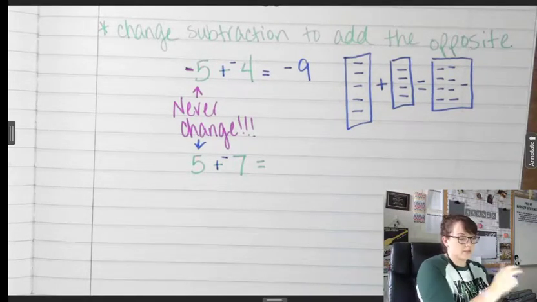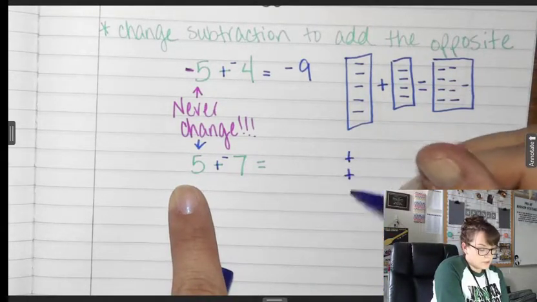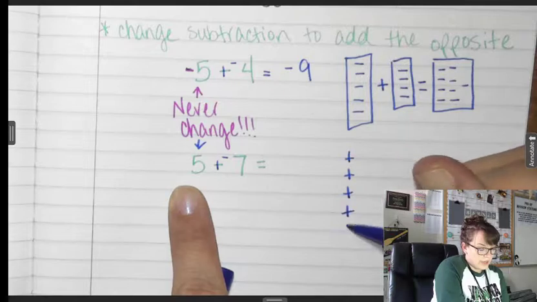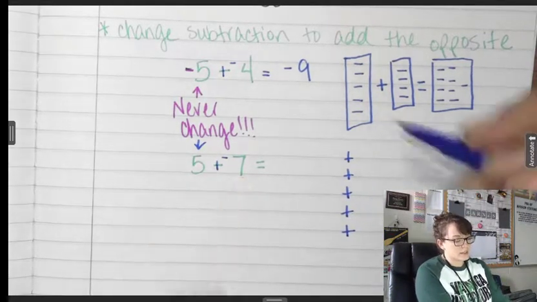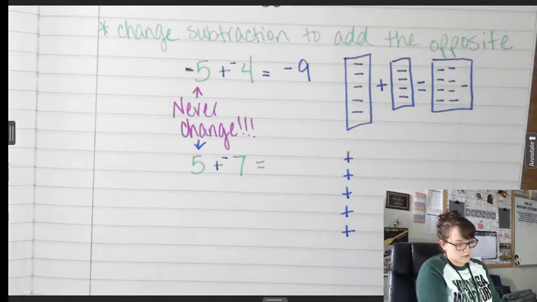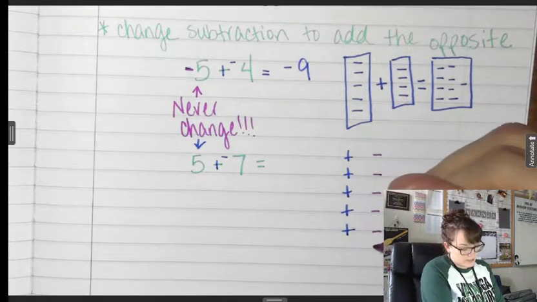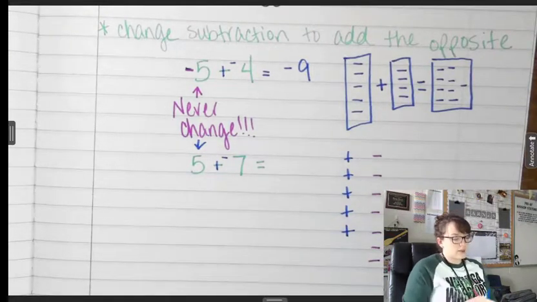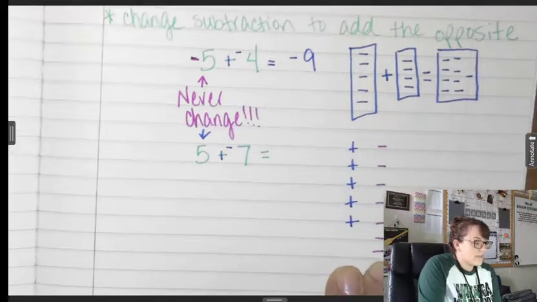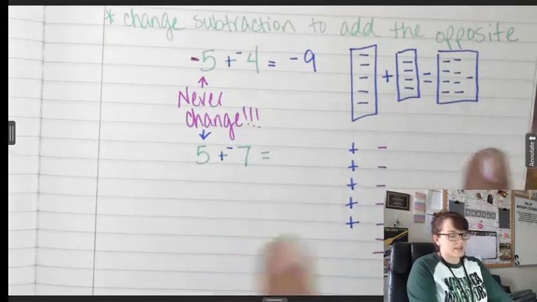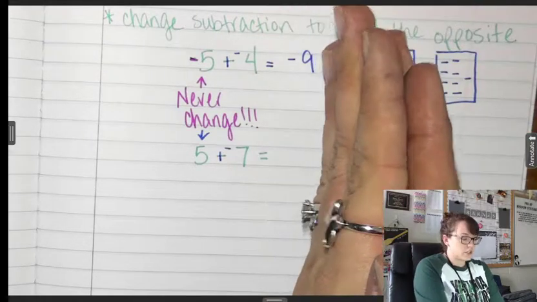Keep the first number. So I have 5 positives, 1, 2, 3, 4, 5. And I'm going to add into the arena 7 negatives, 1, 2, 3, 4, 5, 6, 7. Imagine we're playing Red Rover, Red Rover, and they're going to run both lines. It's some wicked game where these 2 lines are going to run and smash into each other.